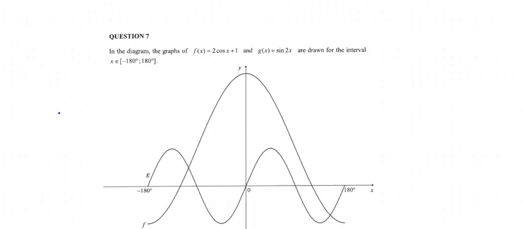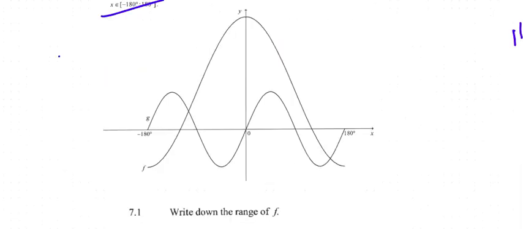So this is the graph we have, from minus 180 to positive 180, for function f and function g. The first question, 7.1: write down the range of f.